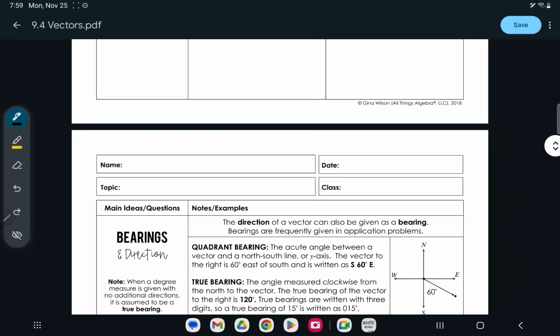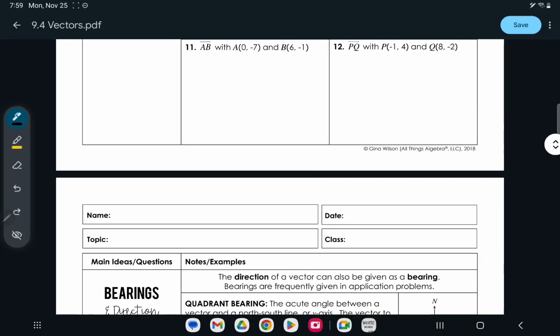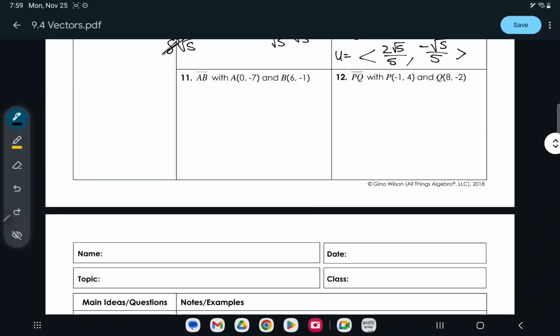Now before I get into this part here, one thing I want to add, only because it shows up in the Pearson work, is that it might ask you to write a vector in the form ai plus bj. I'm going to use some different points here.